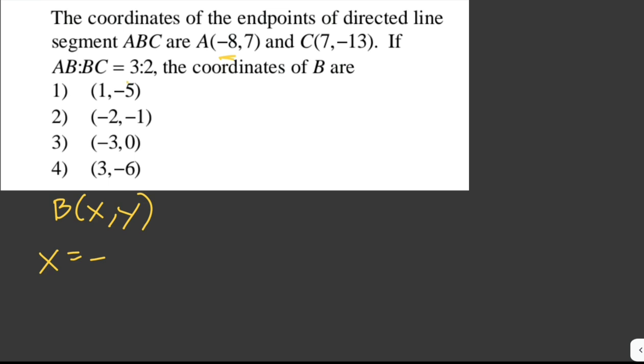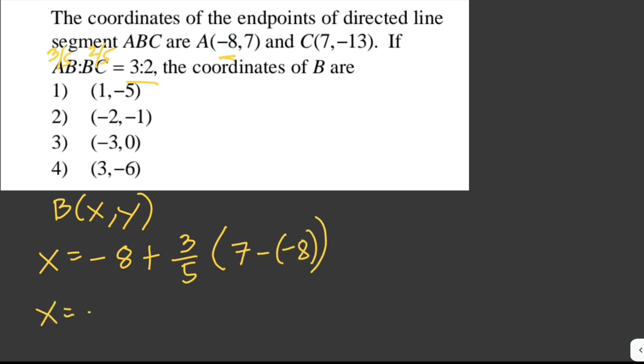We're given the ratio which is equal to 3:2, so that means AB is just 3/5 of AC and BC is 2/5 of AC. So this is negative 8 plus 3/5 times the difference between the x coordinates of the 2 points. So it'll be 7 minus negative 8.